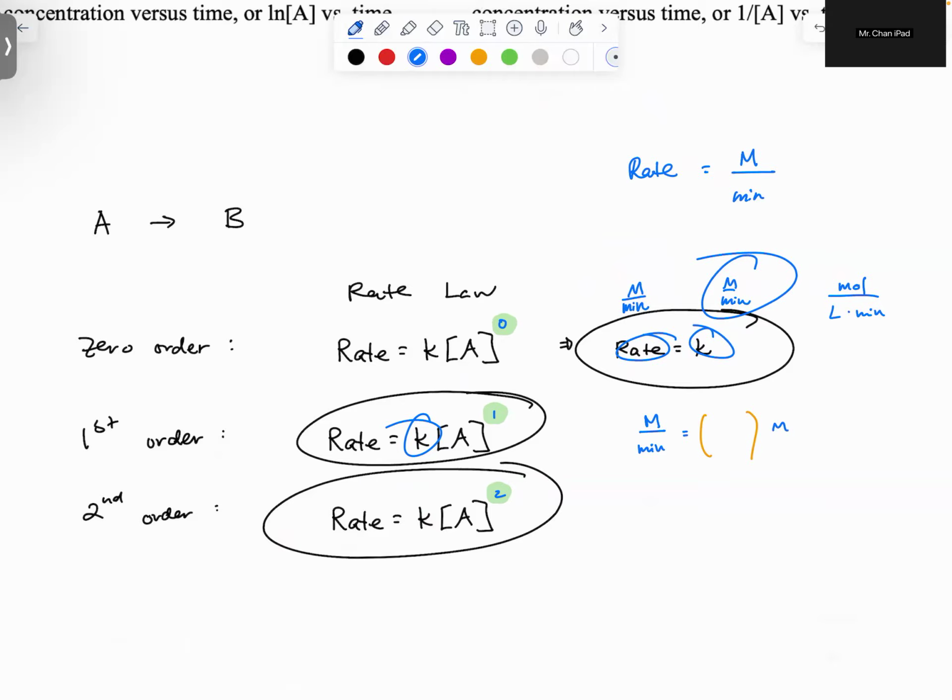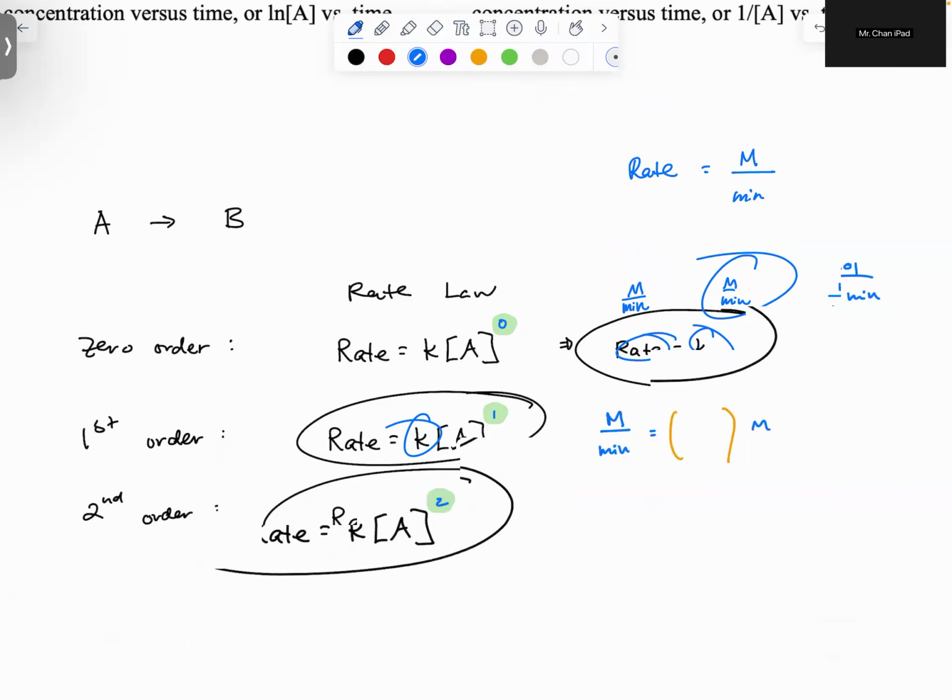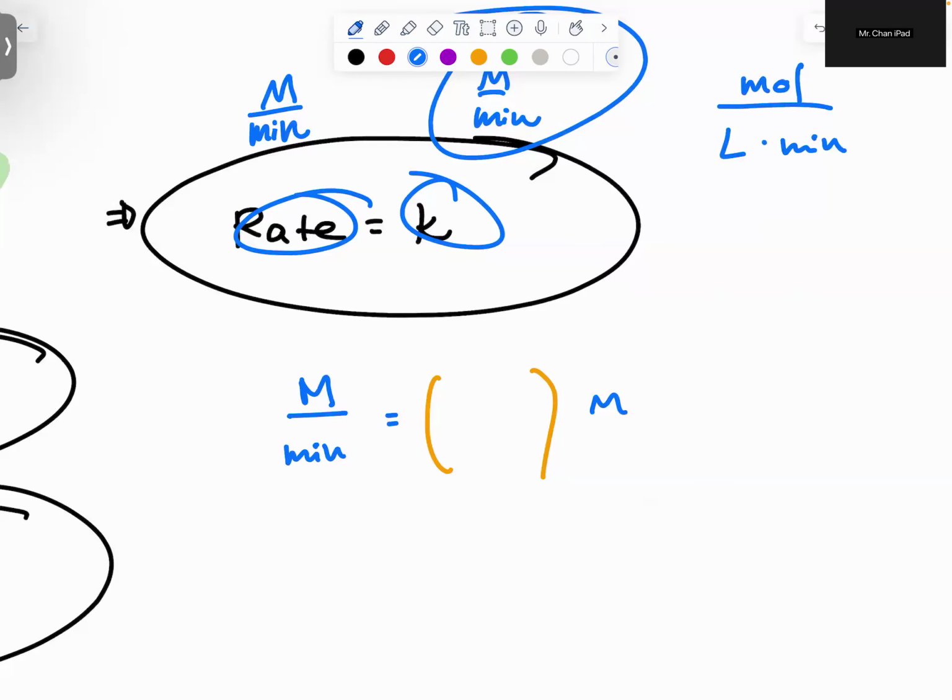So what should be the unit of K in this case? How do you make both sides equal? What will you insert into this orange parentheses? Minutes in the numerator or denominator? Denominator. That's the unit of K.